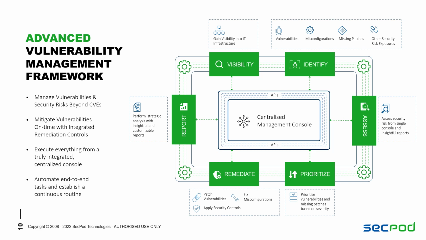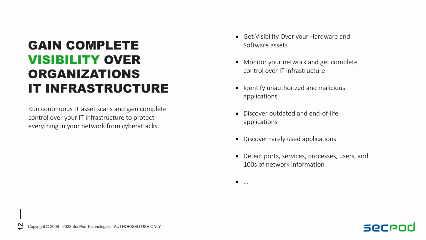But let's look at each of these layers and see what is really necessary from the little bit of technical details that each of these layers should have. One is visibility, getting visibility over the IT asset. When I say visibility, it is the continuous visibility. You want to know what changes are taking place. You want to know which system joined the network.